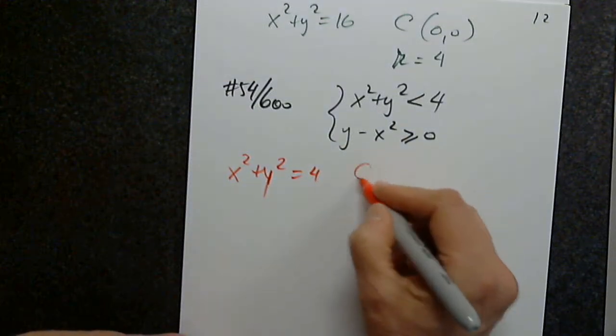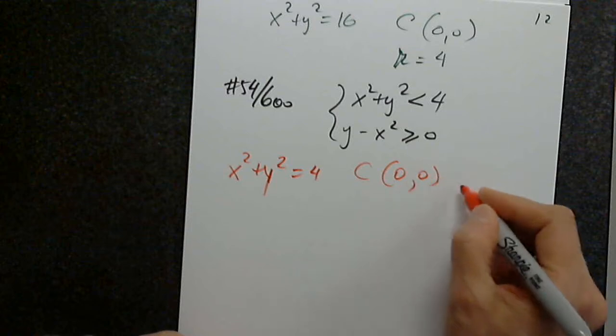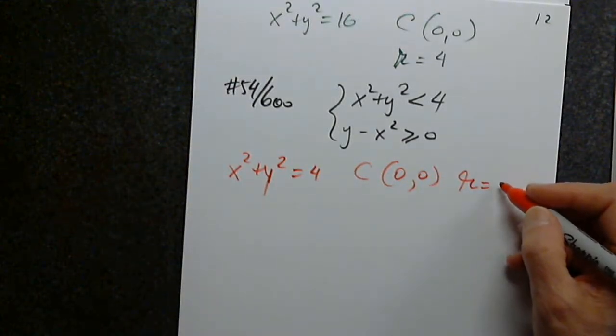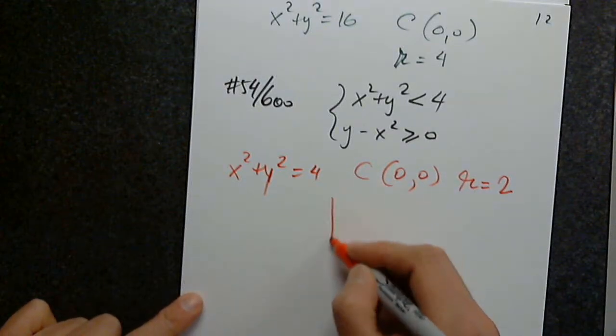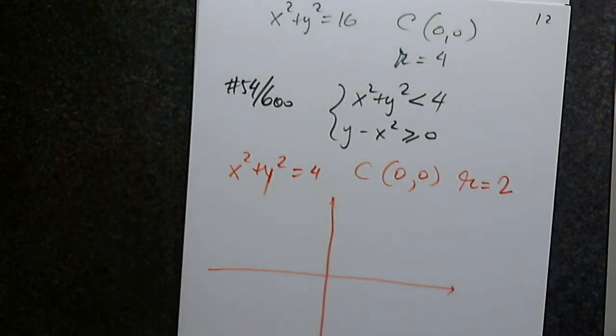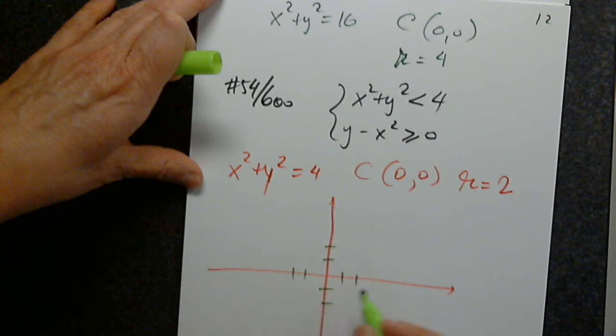And we know that this is a circle centered where? At the origin, with a radius of 2. Very good. We had it 3 times already.